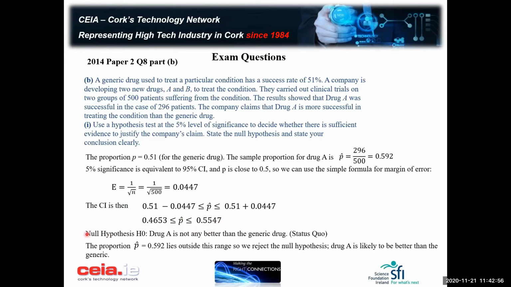Now, how do we use this? Well, we state a null hypothesis. The null hypothesis being that drug A is the same as the generic drug, which is the status quo. For some reason, it auto-corrected this and capitalized it into the name of the band, but that's not what's meant here. It's just the status quo, meaning nothing has changed.